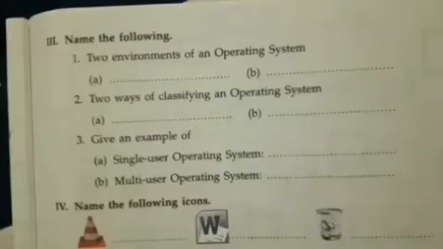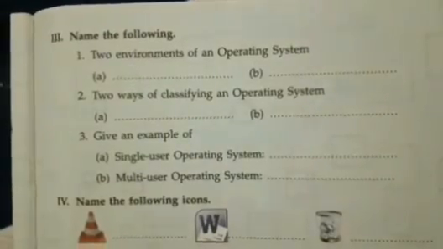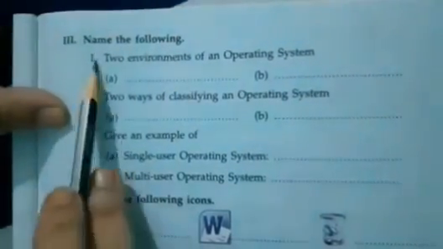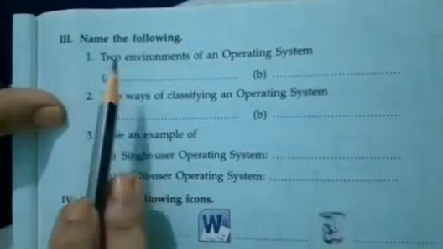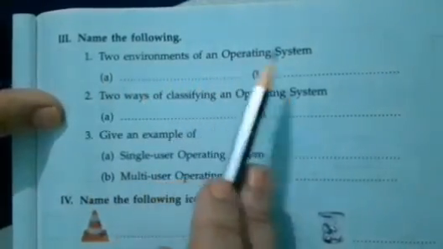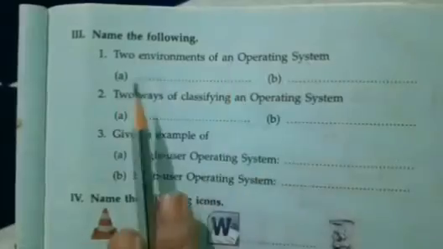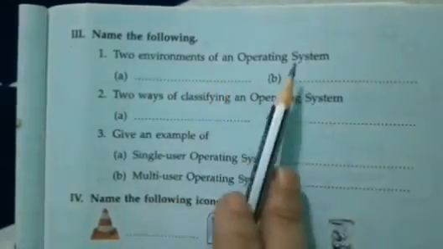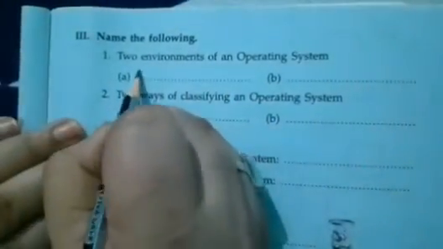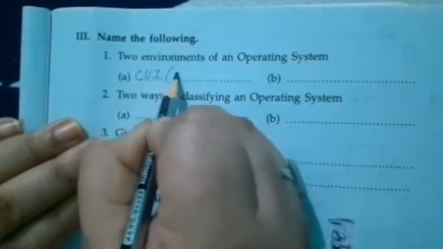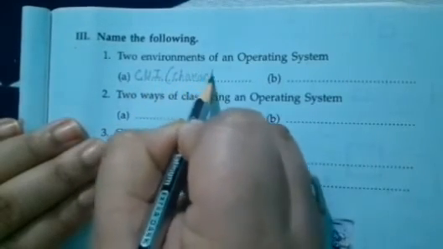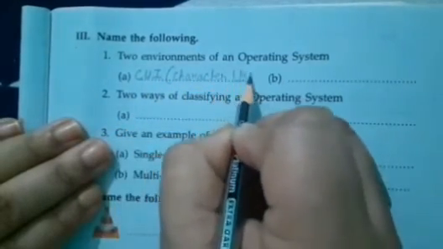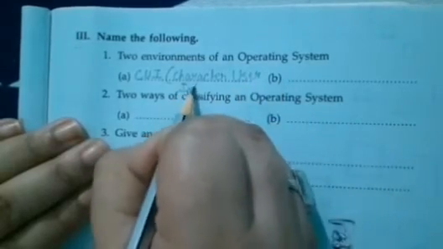Now come on to page number 37. Here question number 3 is given. Name the following. First part is two environments of an operating system. Children, an operating system provides two types of environments for the user. One of them is CUI, that is character user interface.